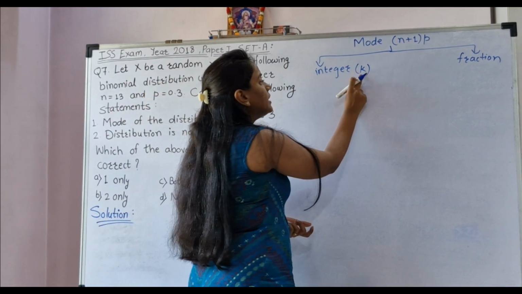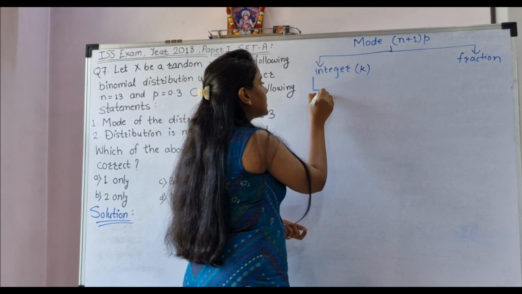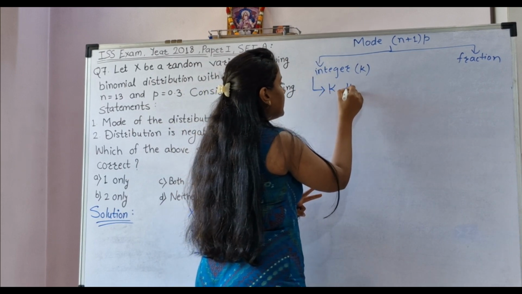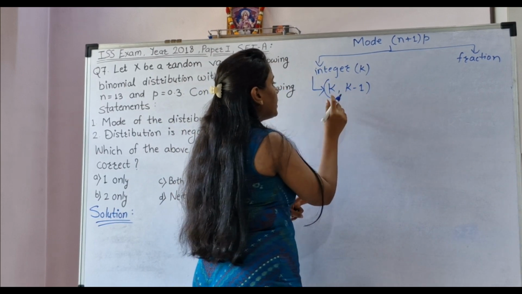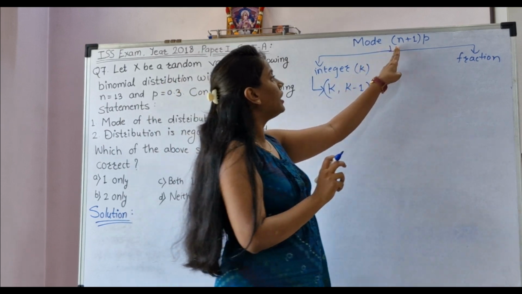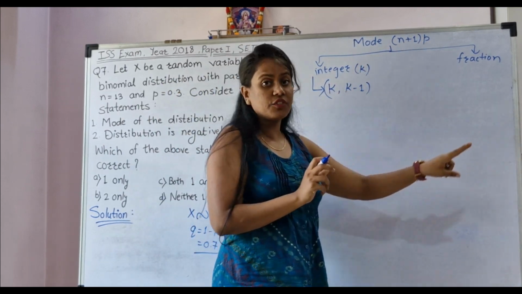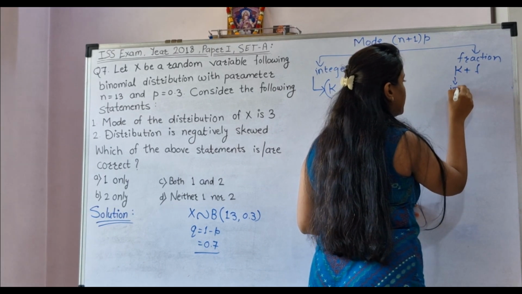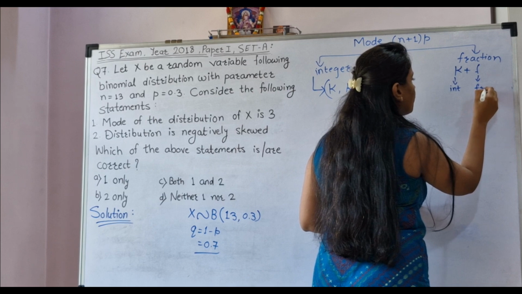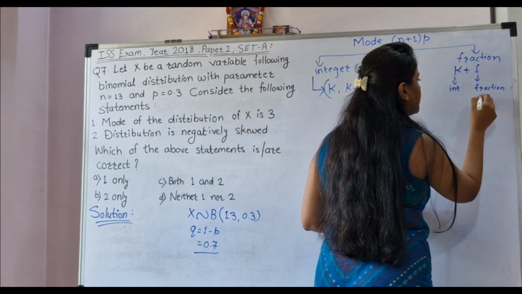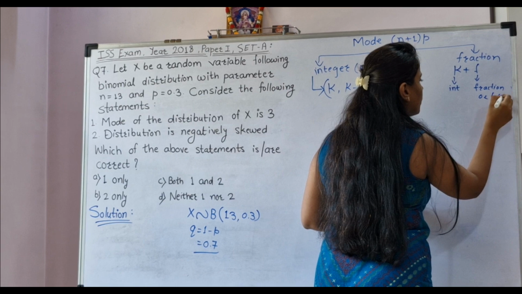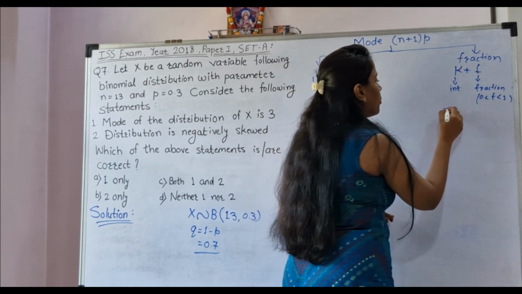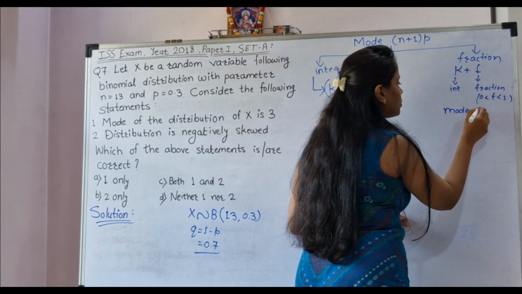In this case, you will get two values of mode, k and k minus 1. And if the value of n plus 1 into p is a fraction, meaning it is k plus f, where k is an integer and f is a fraction which lies between 0 and 1, in this case our mode value will be equal to k.